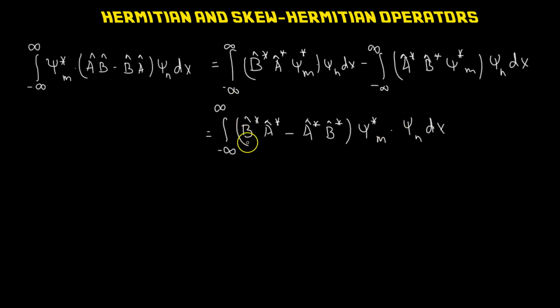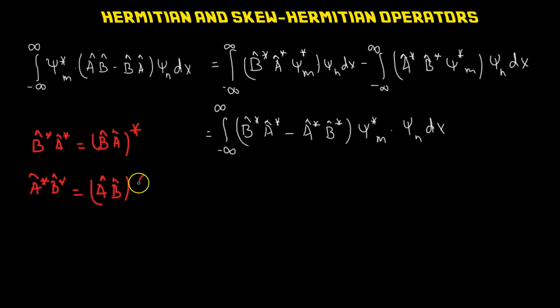Now here we will use the fact that since A and B are Hermitian, B star A star is equivalent to BA conjugate. It's the same thing. Same goes for AB: A star B star is equivalent to AB conjugate.